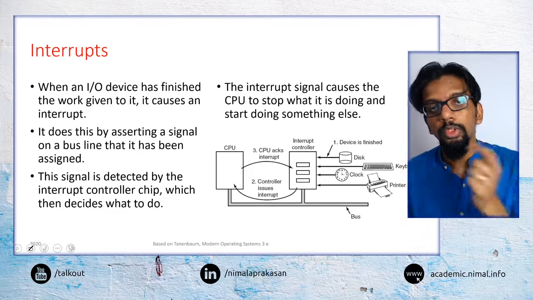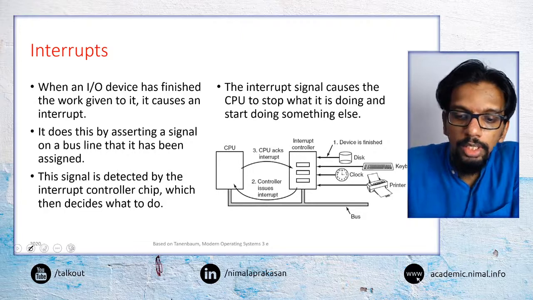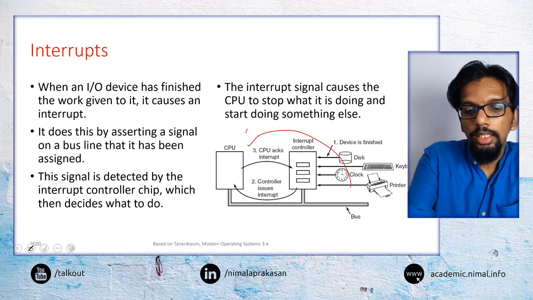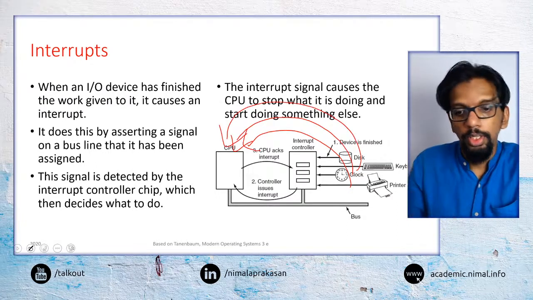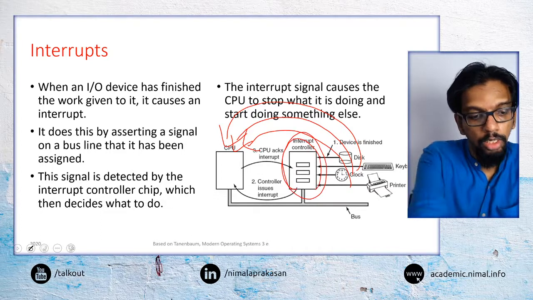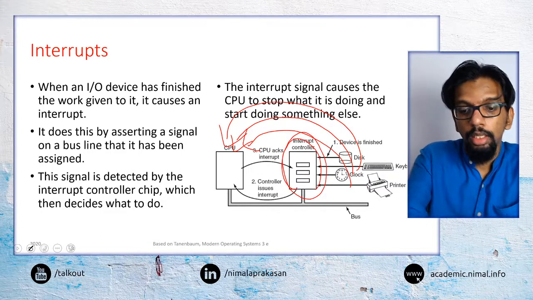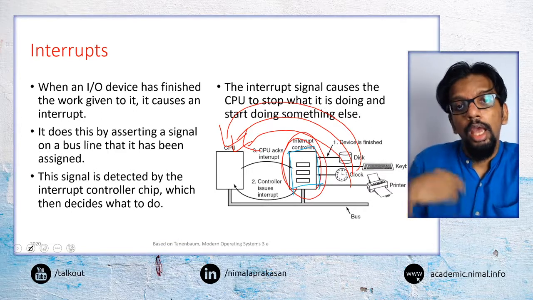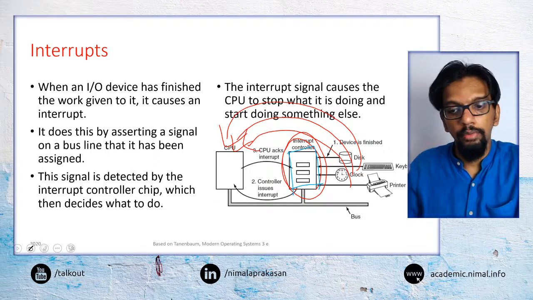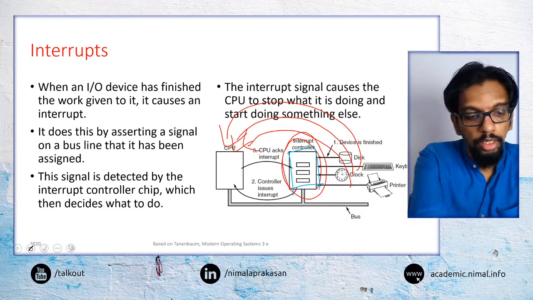So what we would have is, instead of all these devices directly sending those interrupts onto the CPU and overloading the CPU, we may have an additional component that we call the interrupt controller, and this interrupt controller will be able to manage those activities with the devices.